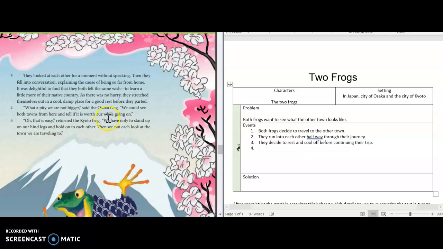Now the next major event happens when they're talking to each other before they leave, and they decide, is it really worth traveling or going on? So they both wonder if it is worth the journey to see the other town.